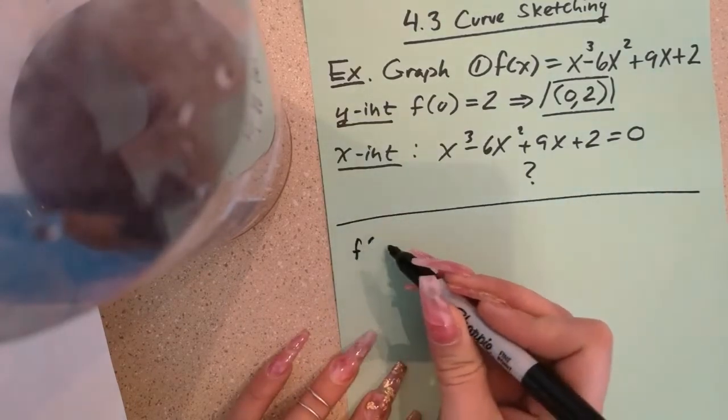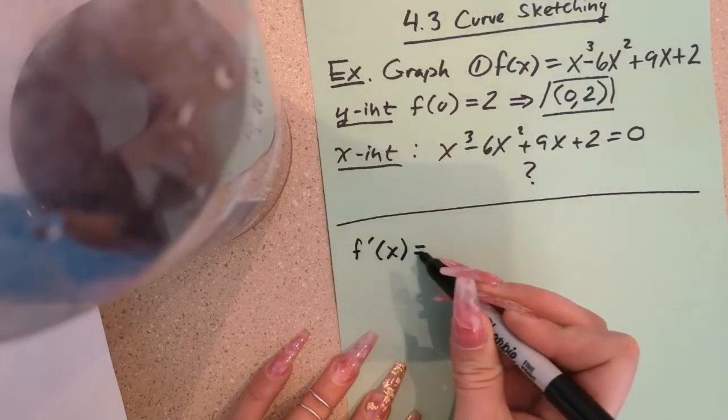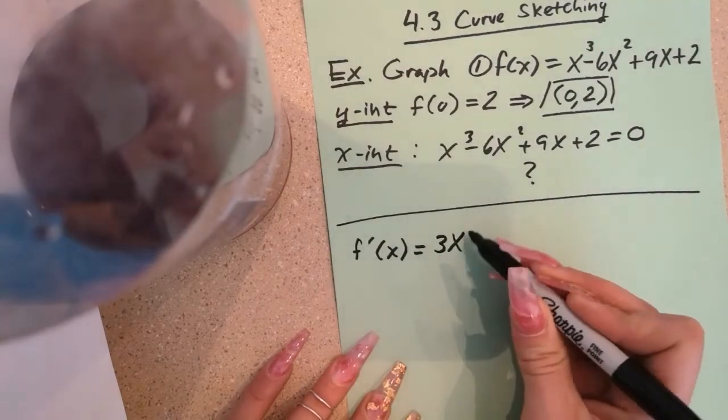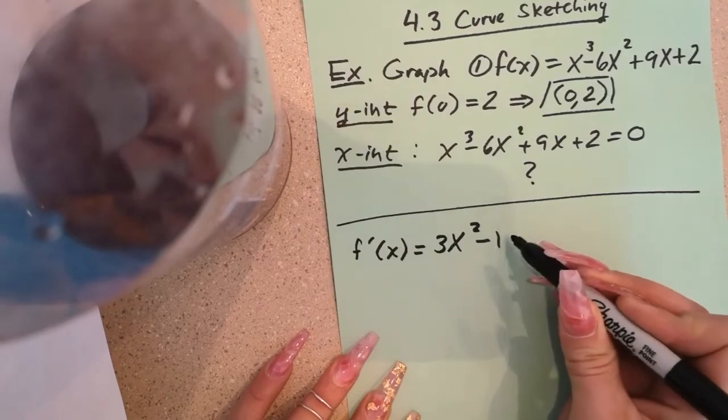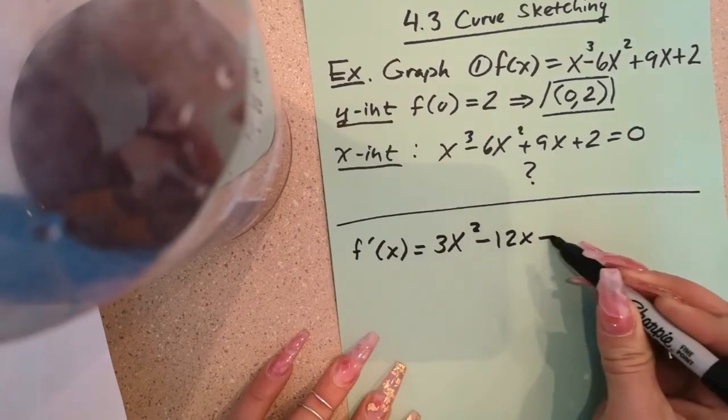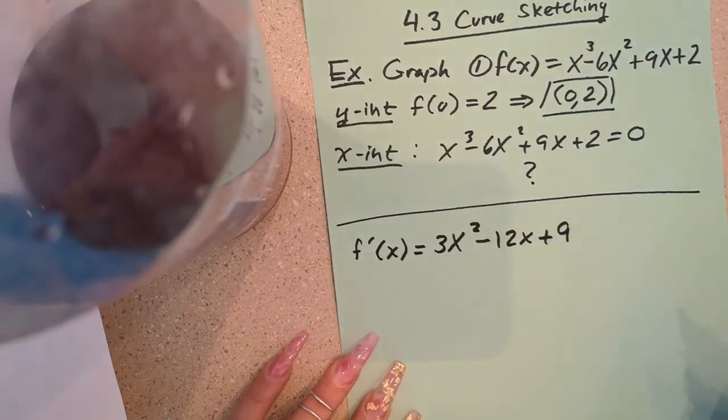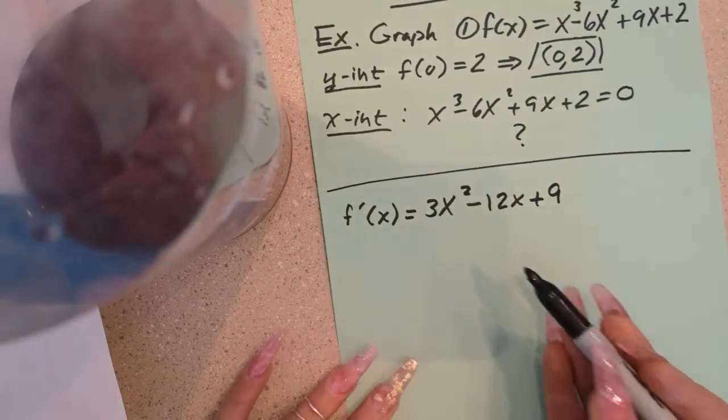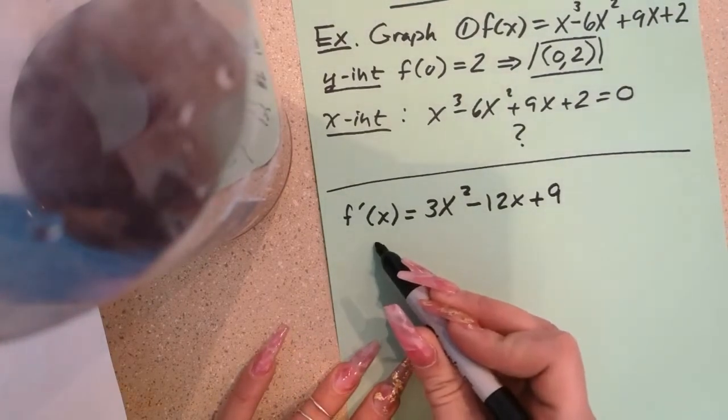the first derivative. So f prime of x, that would be 3x squared minus 12x plus 9. So let me see if I can find the critical numbers.